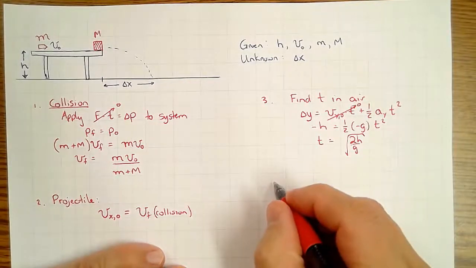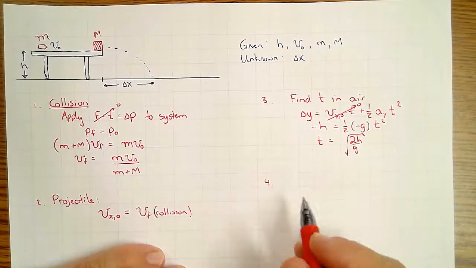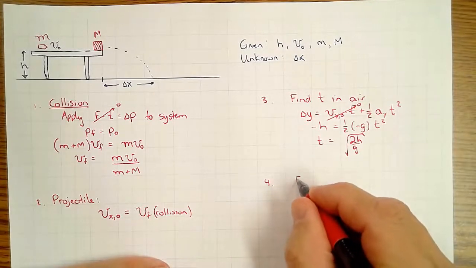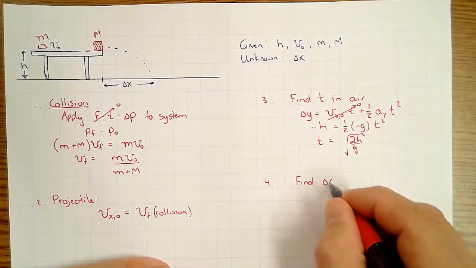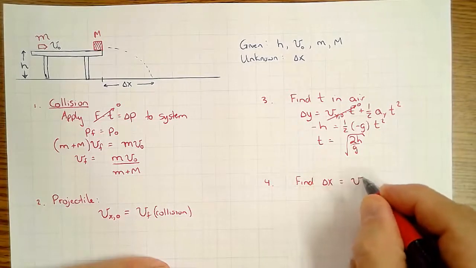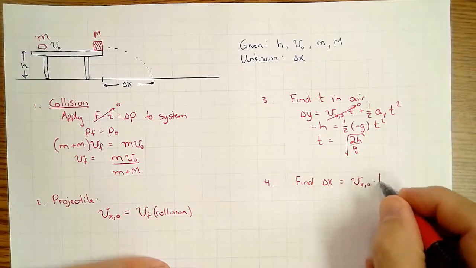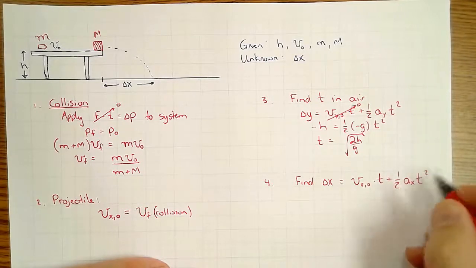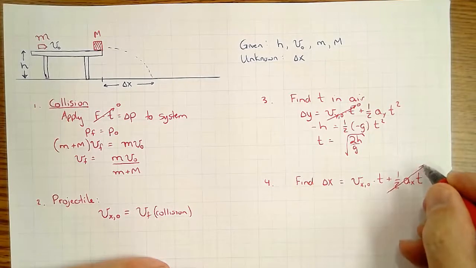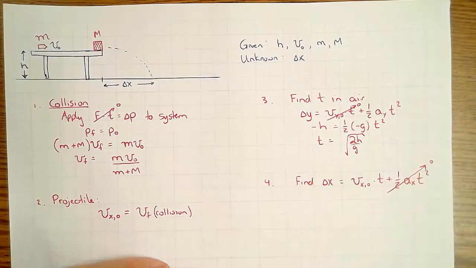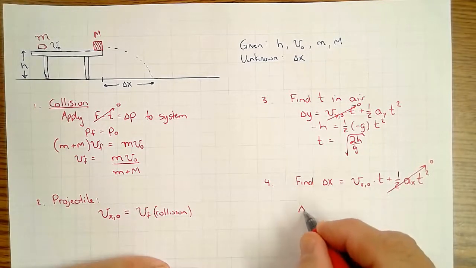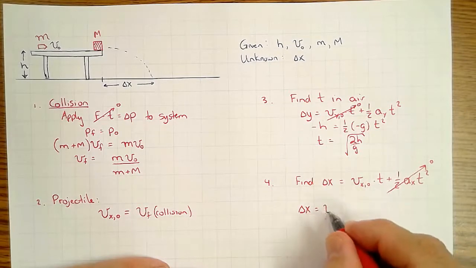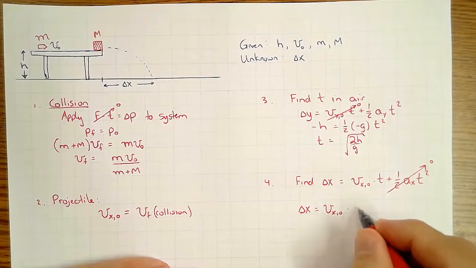And then the fourth step is to solve the horizontal problem. So I want to find delta x, which equals the velocity in the x direction initial times the time, plus 1/2 the acceleration in the x times time squared. There is no acceleration in the x direction, and so the distance it goes, delta x, equals the initial velocity in the x direction times the time.